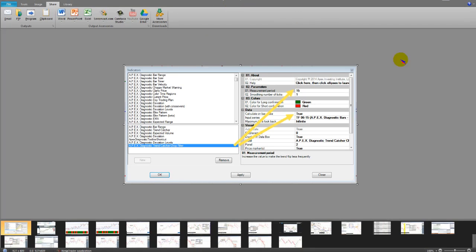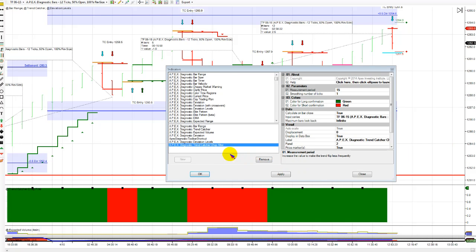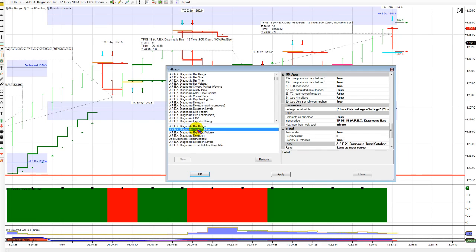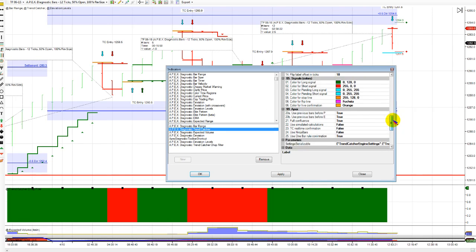So there's that for you. I can show you trend catcher, but it's going to have different stuff than yours, so it's going to be really confusing.